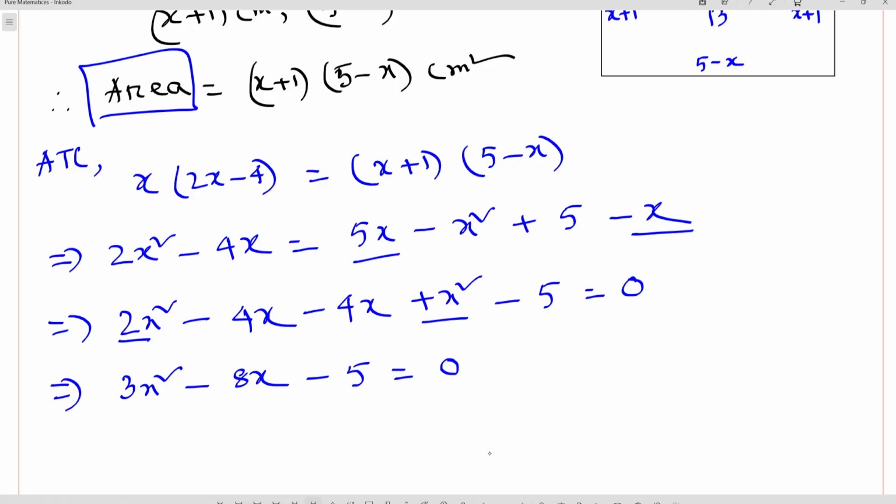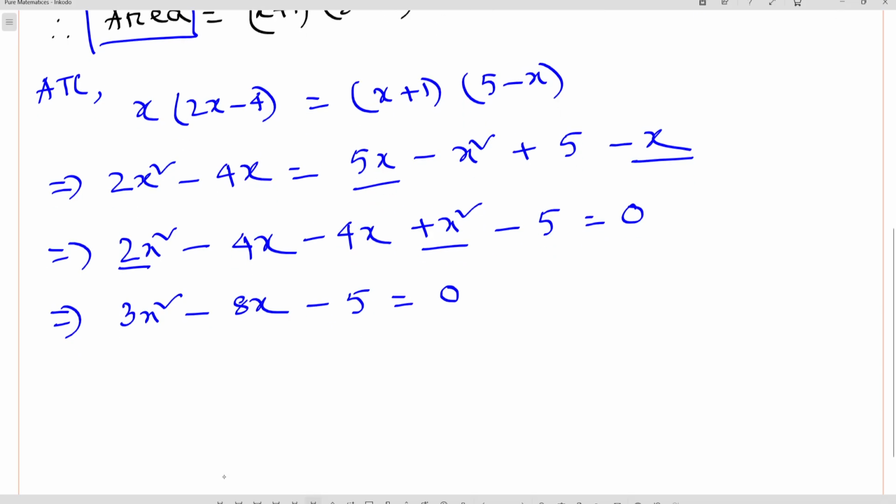I hope it's a very simple thing. Now use the quadratic formula, or if you want we can solve this one by factorization. 3 times minus 5 equals minus 15.